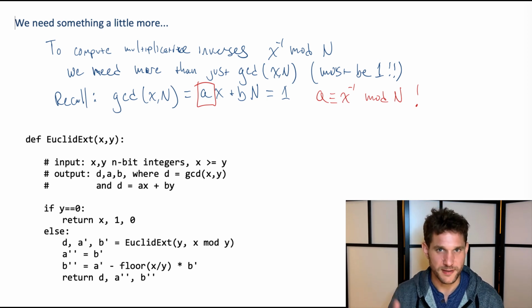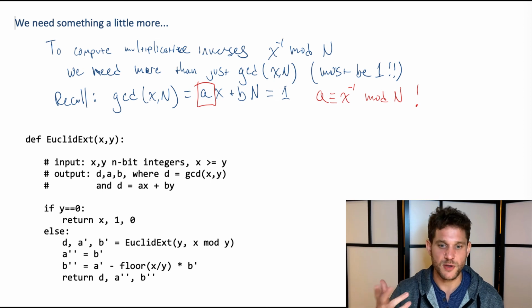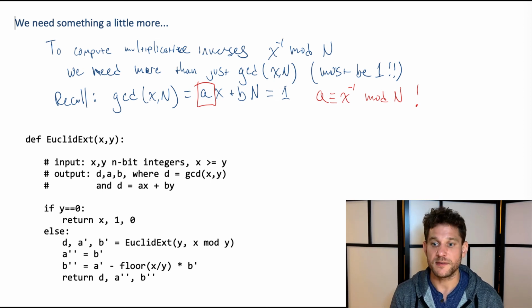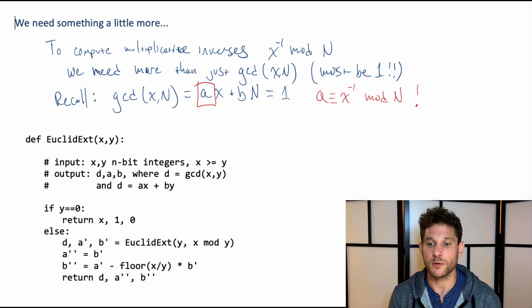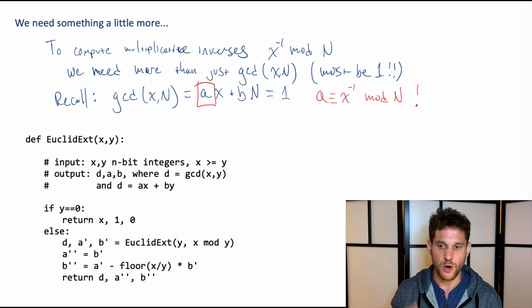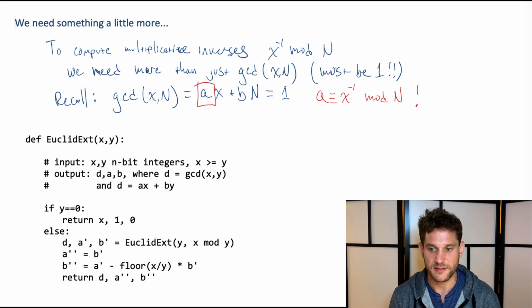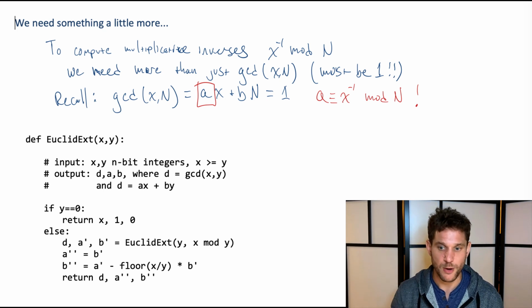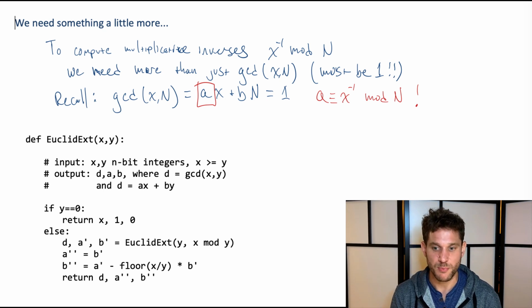I won't go through all the details of why this works, but essentially what you have to do is maintain not just this estimate d of the GCD of x and y, but also numbers a and b. You make recursive calls to Euclid ext on y, x mod y, as you did before, but the output of that gives you numbers a prime and b prime.